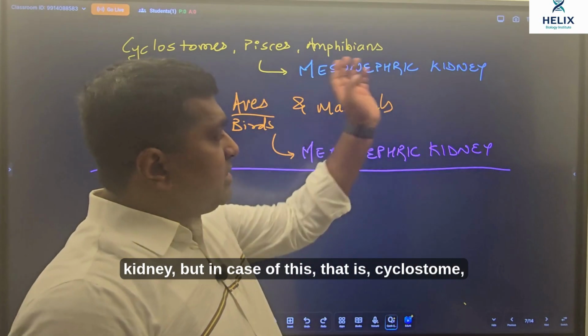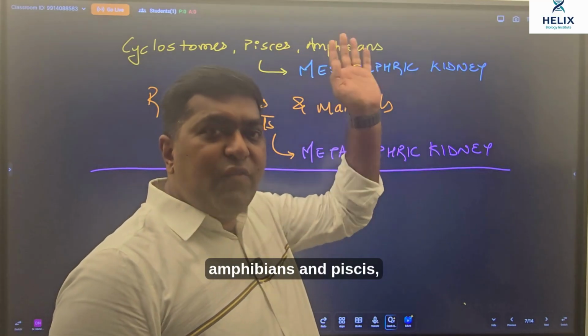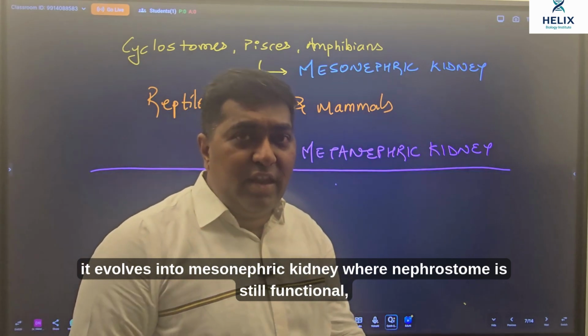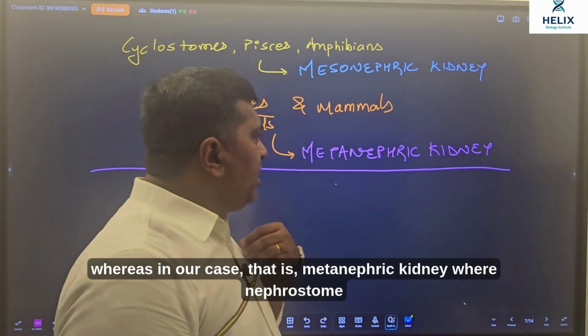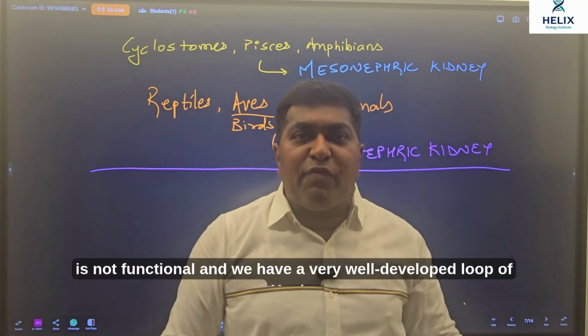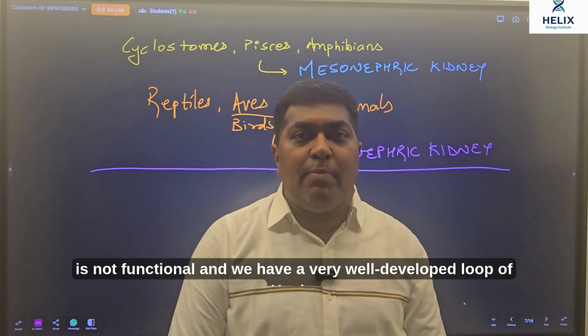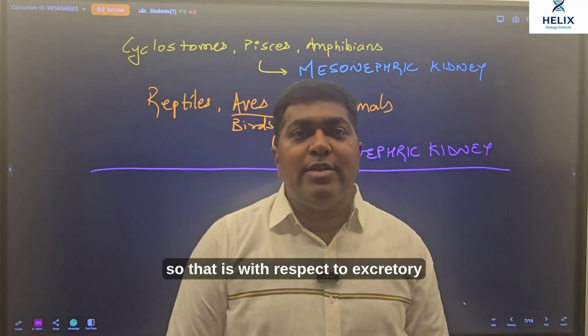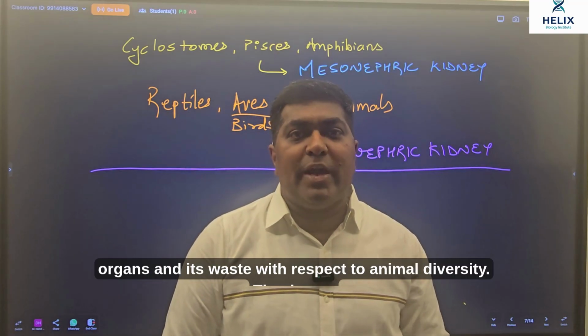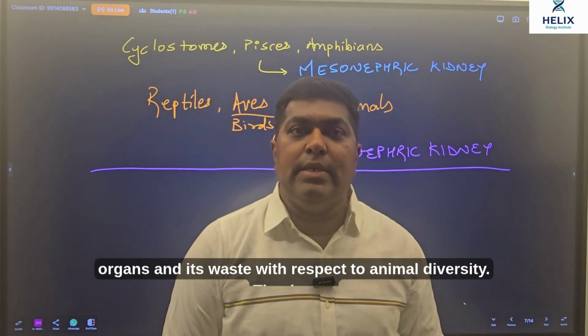But in the case of cyclostome, amphibians and Pisces, it evolves into mesonephric kidney where nephrostome is still functional, whereas in our case, that is metanephric kidney, nephrostome is not functional and we have a very well developed loop of Henle. So that is with respect to excretory organs and its waste with respect to animal diversity.